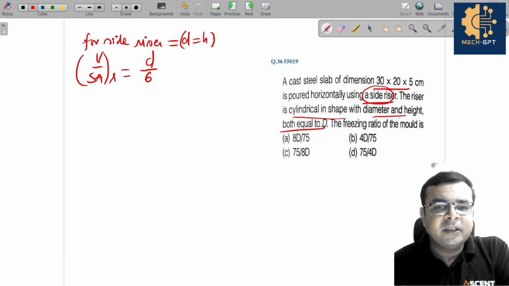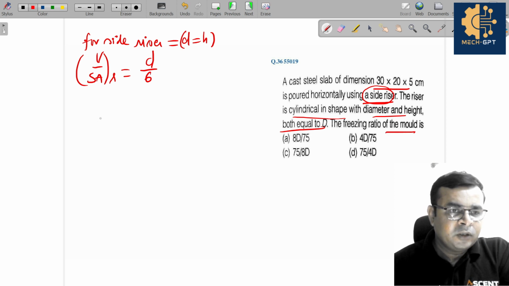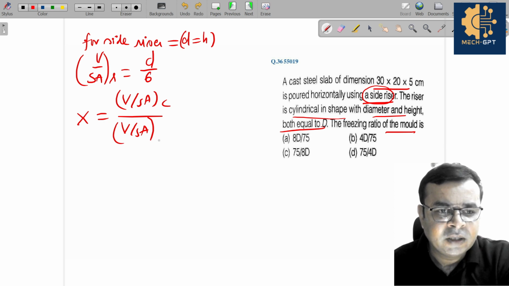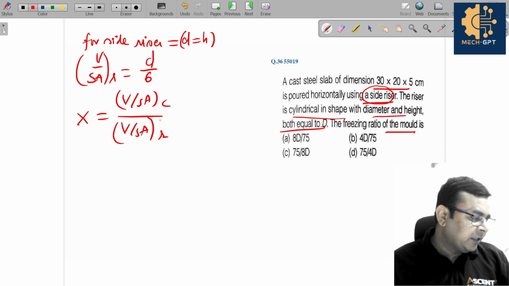Is it clear? The freezing ratio of the mold is, so the freezing ratio, let this be X, is V by SA of casting over V by SA of riser. Correct? This is called the freezing ratio. Yes or no?